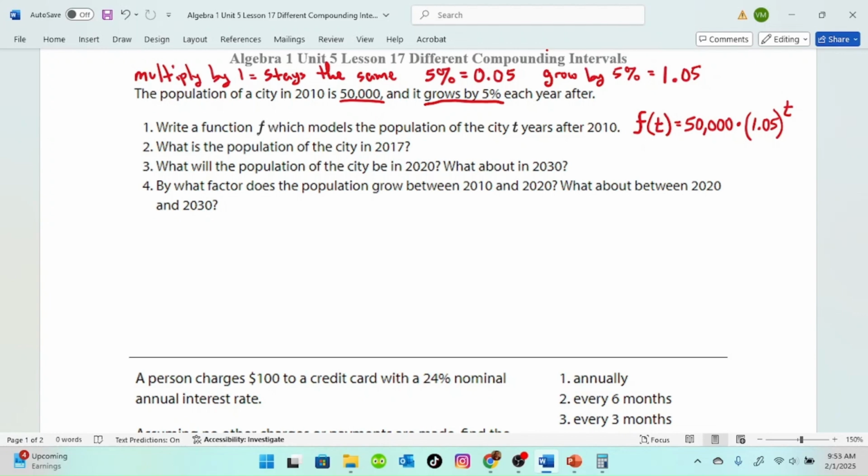So this would be the exponential function that would represent a population of 50,000 growing by 5% each year.